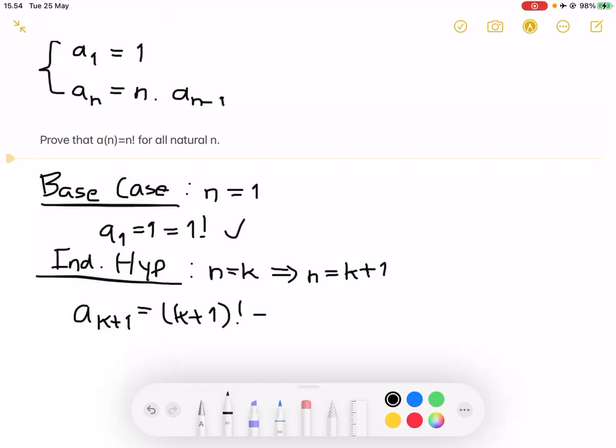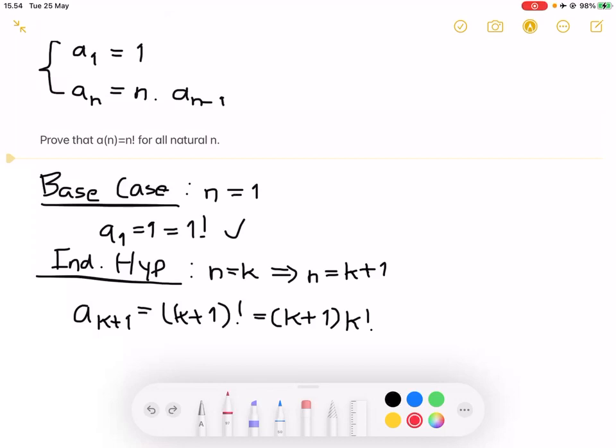Notice that we can rewrite this in a different way. So notice this is equal to k plus 1 factorial, which is k plus 1 times k factorial. Notice I just factor out a k plus 1 and leave the k factorial behind.